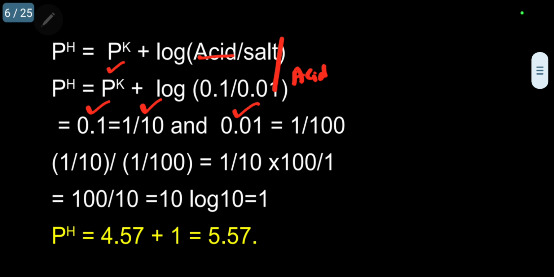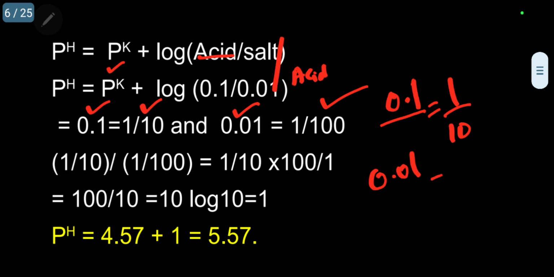In the same way, for the acid 0.01, I will write 1 by 100 for convenience in calculations. So 1 by 10 divided by 1 by 100 gives log 10, which equals 1.